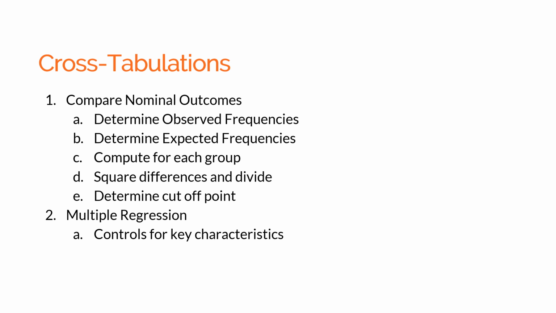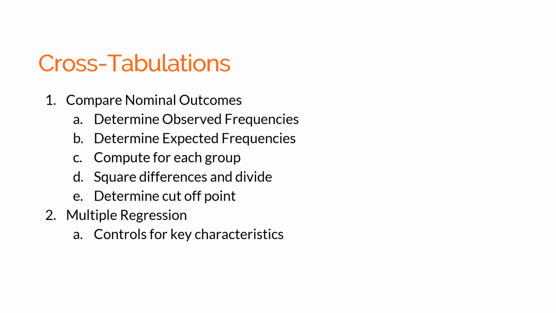Multiple regression then is used to assess whether there's still a significant difference after controlling for key household characteristics. So if you're analyzing if there are differences in the change in household incomes between the project and comparison groups over 3 years, your analysis would control for the years of education of the household head, the amount of land owned by the household head at the start of the project, and the number of dependent children.